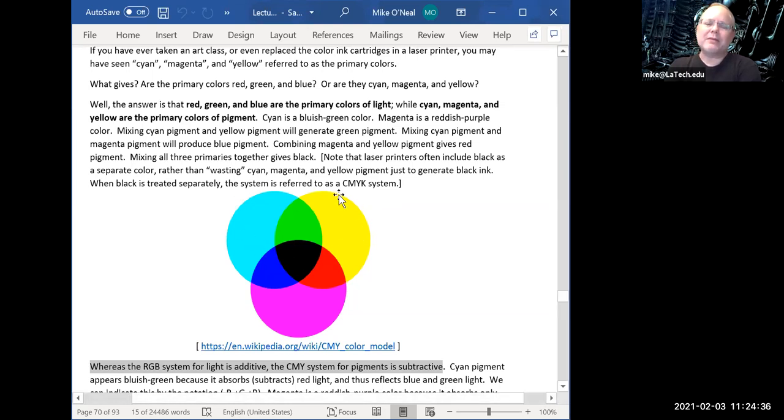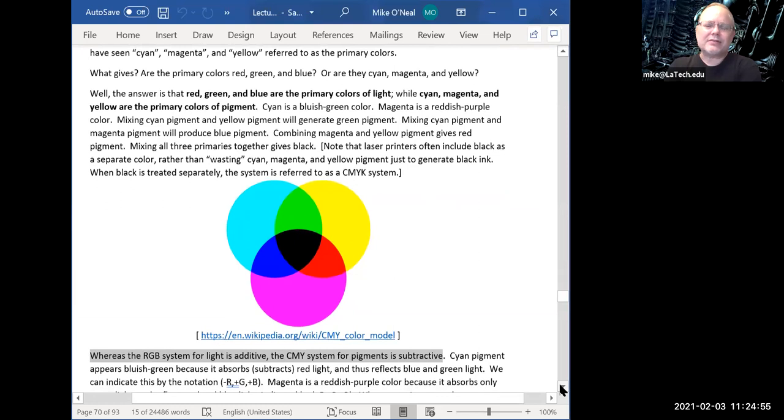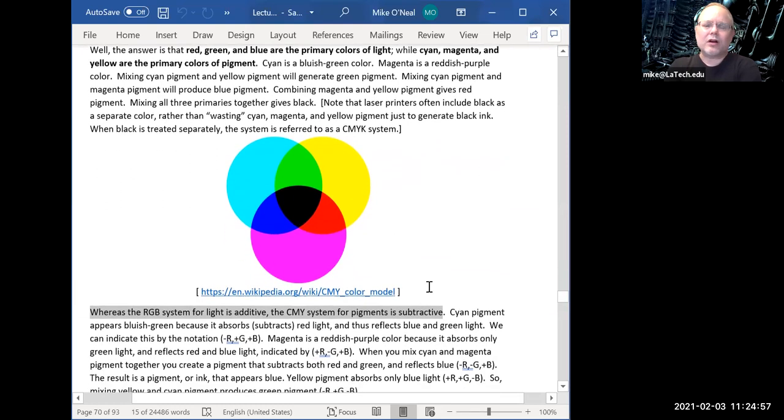But if we were talking about pigment, so pretend for a moment that you're not looking at this on a display, that you were looking at this printed on a page. Well, then even though you'd be seeing the same colors, they'd be generated differently. So how does the CMY system work?